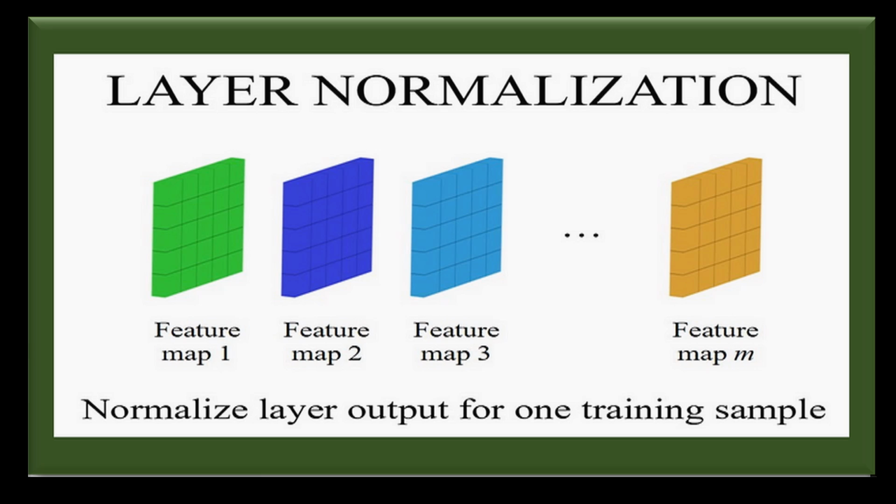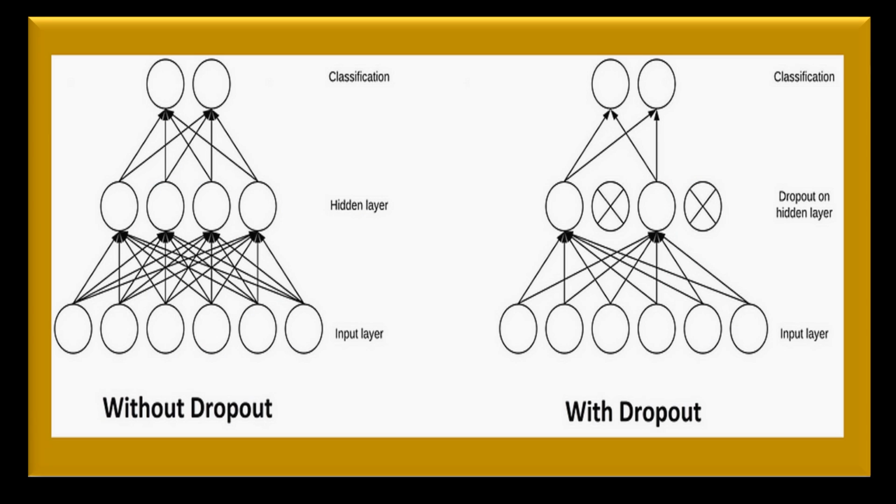It helps to stabilize the learning process and improve the model performance by standardizing the activation and allowing the model to focus on important features. The normalization is achieved by computing the mean and standard deviation of the activation and scaling and shifting them using learnable parameters.